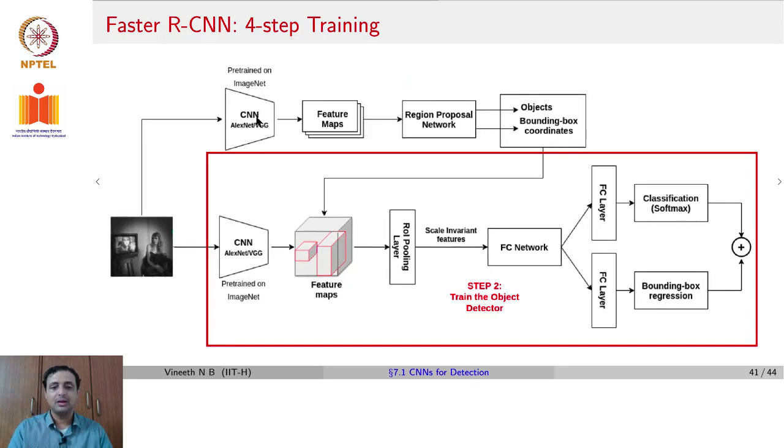This is step 1. In the second step, you take these region proposals obtained from the region proposal network and feed them onto the feature maps. Those are going to be your regions now.